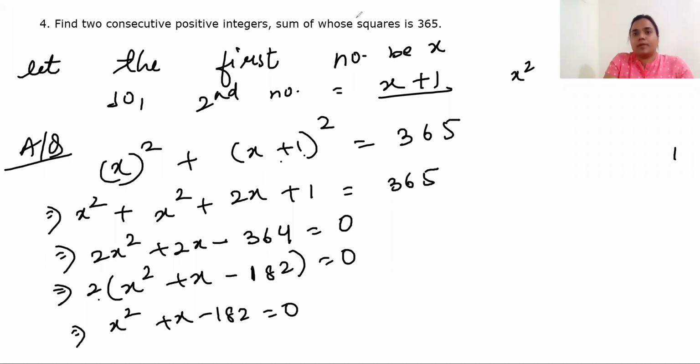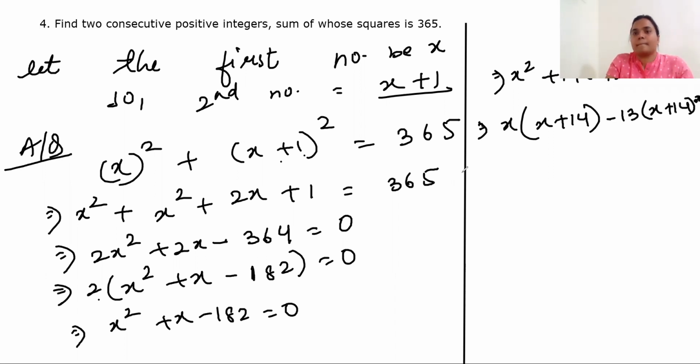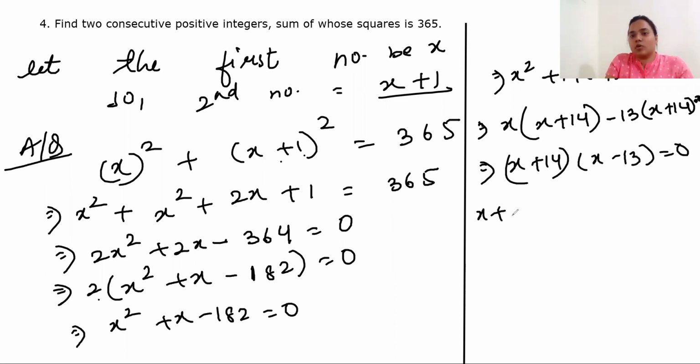So x square plus 14x minus 13x minus 182 is equal to 0. You must have understood till now what the answer will be. Our answer will be 14 and 13 because those are our factors. So either x plus 14 will be 0 or x minus 13 will be 0.